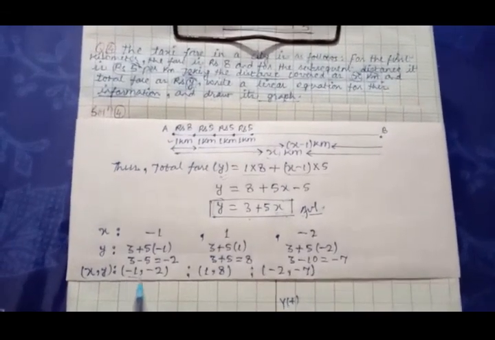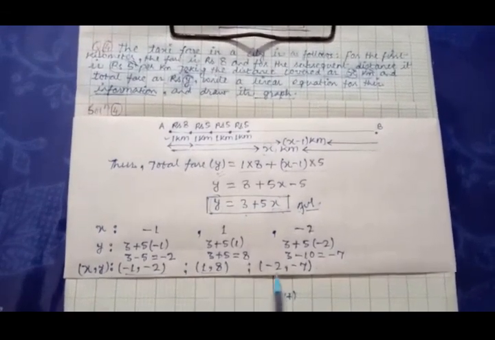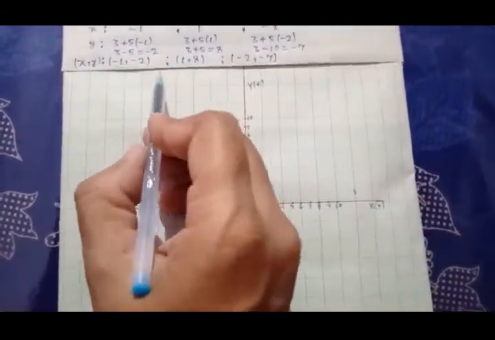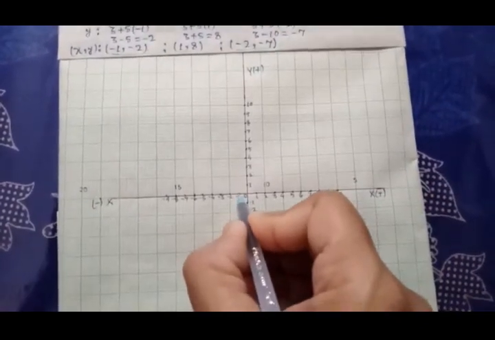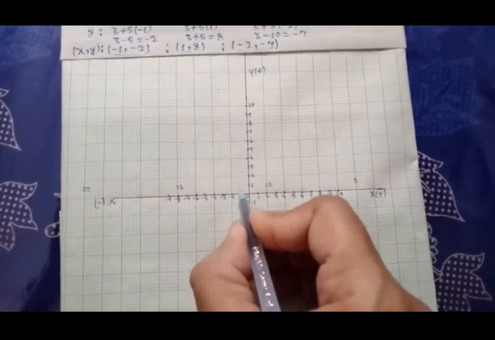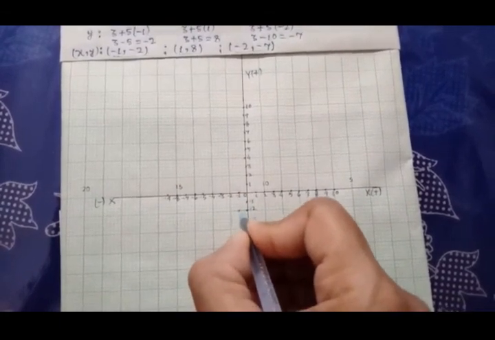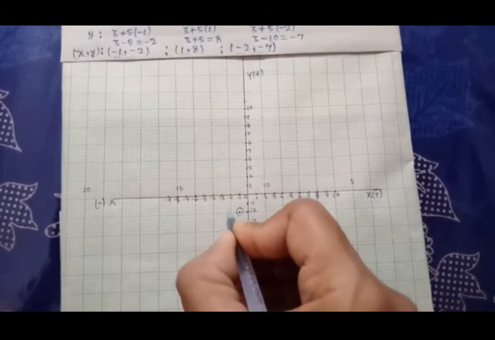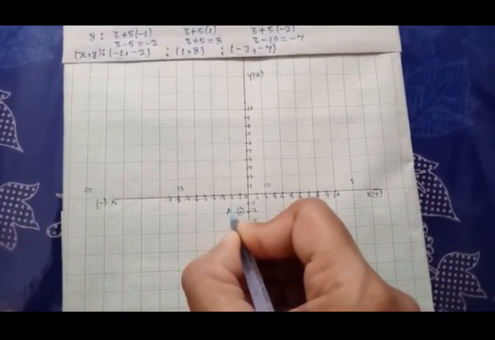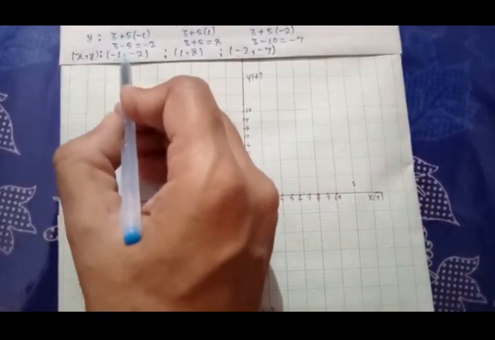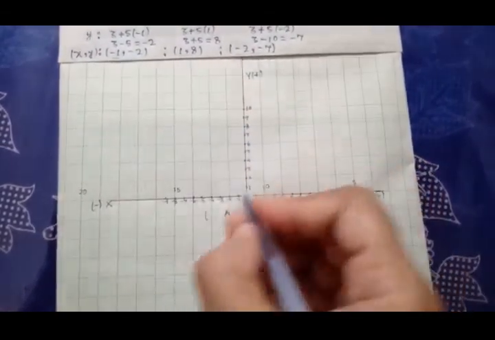Let's plot all these solutions on the Cartesian plane. So first we have minus 1 comma minus 2. So it is minus 1 and minus 2. So its respective point will be lying here. This is point A, with coordinate minus 1 comma minus 2.